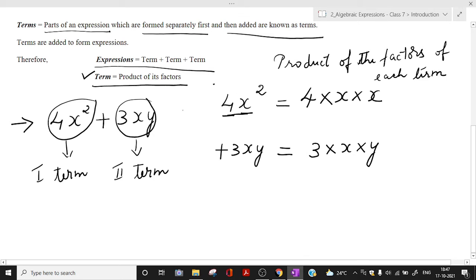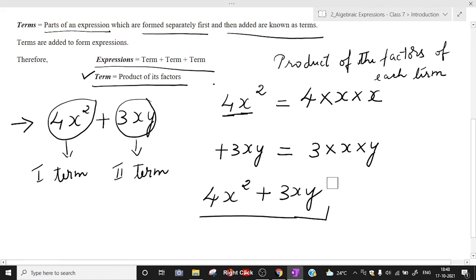So each term is a product of its factors. And how do you create an expression? We form 4x squared separately, 3xy separately, and then we add: 4x squared plus 3xy.